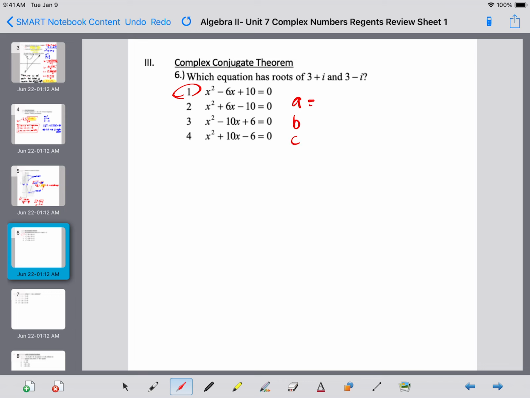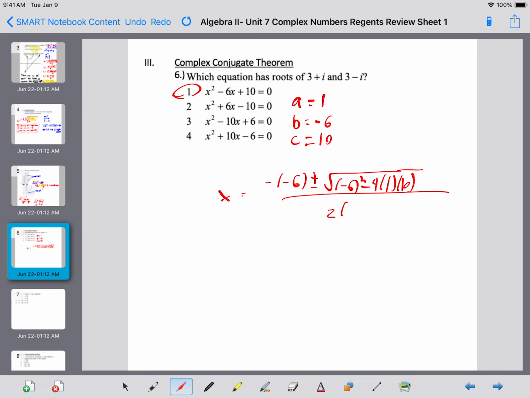A, B, C. And the way to check that is to do what we're doing here. So 1, negative 6, 10. Plug it into the quadratic formula. Positive 6.